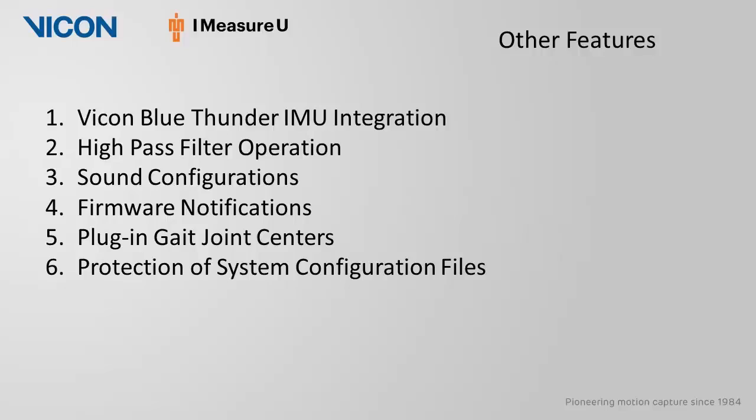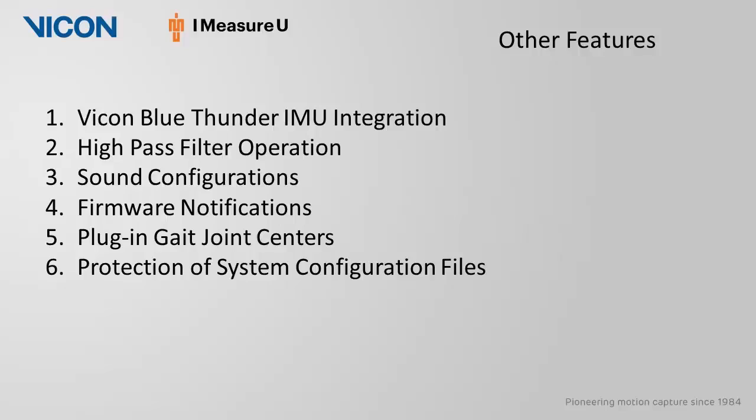You have the ability to save separate sound configurations, similar to the ability to save view options and trial types. Nexus now has an internet-enabled system that reports back the most current firmware version for Vicon hardware. This can be accessed by going to the Help tab and selecting Check for Firmware Updates.